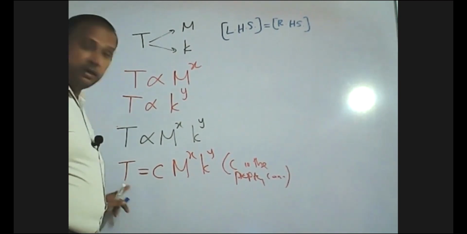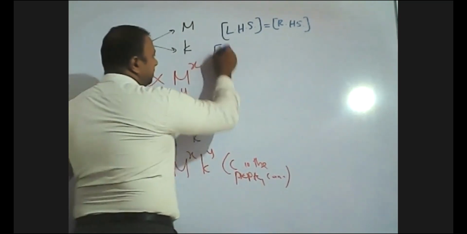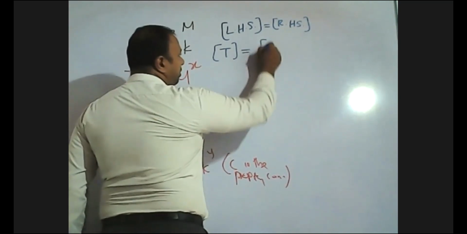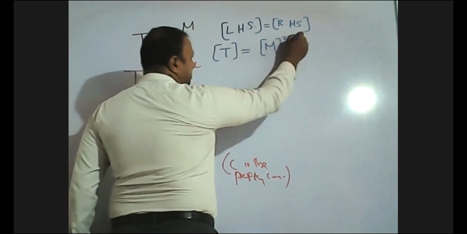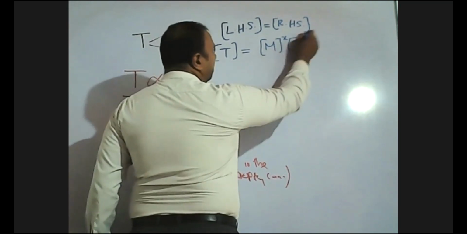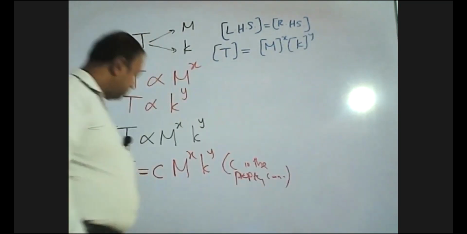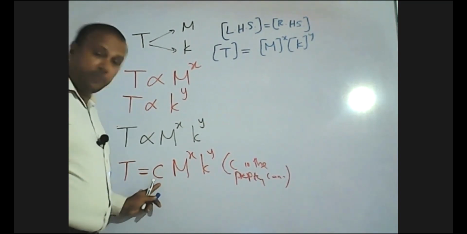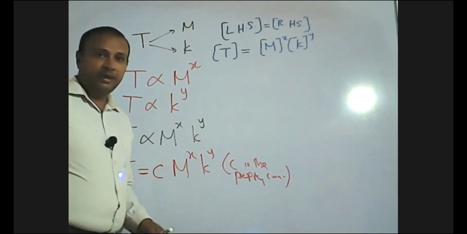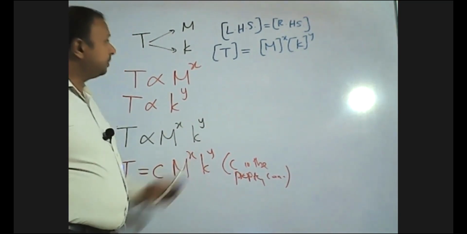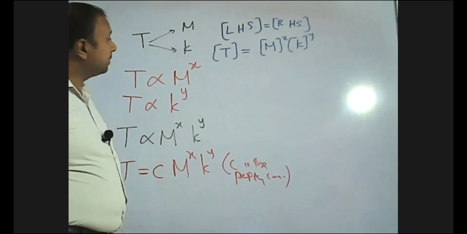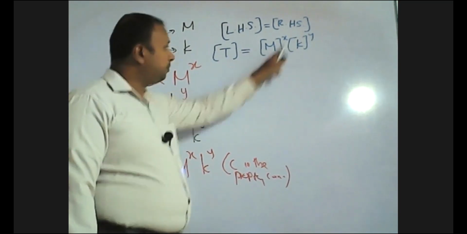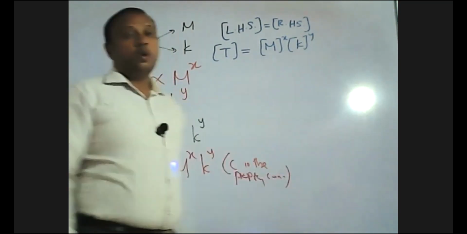LHS here is capital T. The dimension of T should be equal to the dimension of M to the power X, K to the power Y. I don't want to write C because C is a numerical constant, so it doesn't have a dimension. So the dimension of T should be equal to the product of the dimension of M to the power X and the dimension of K to the power Y.